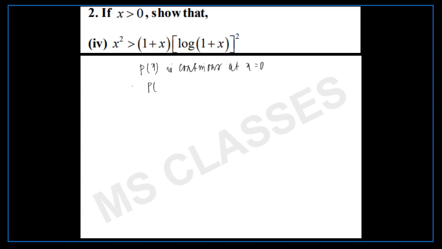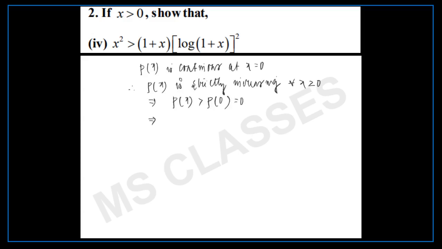Therefore, p(x) is strictly increasing for all x greater than or equal to 0. This implies p(x) greater than p(0), which is 0.